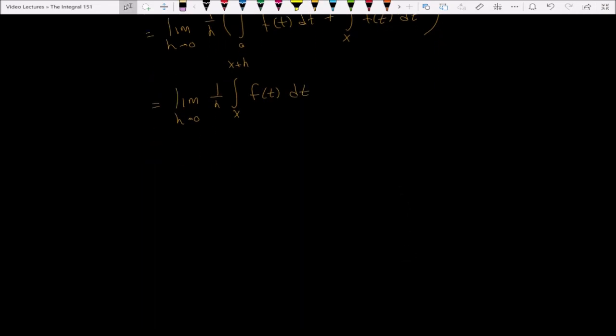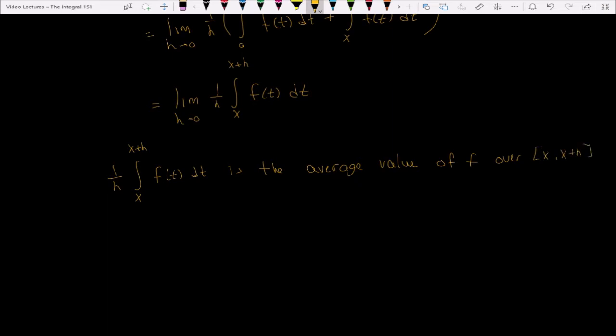But that is just the average value. Right? So 1 over h times the integral from x to x plus h is the average value of f over the interval x to x plus h.